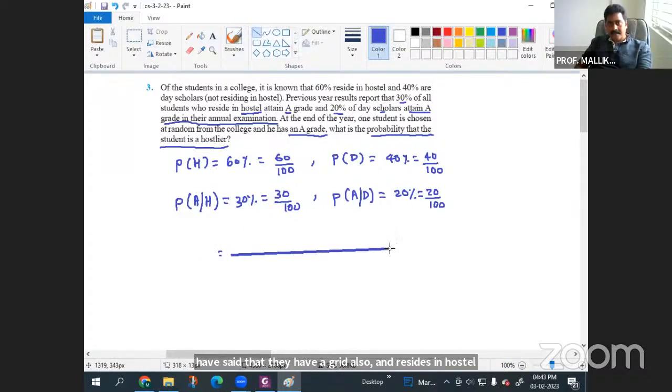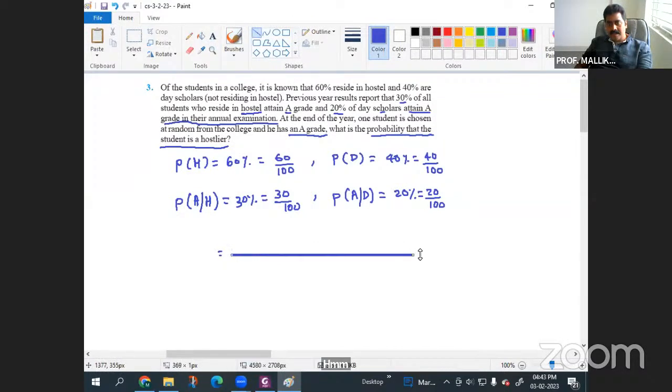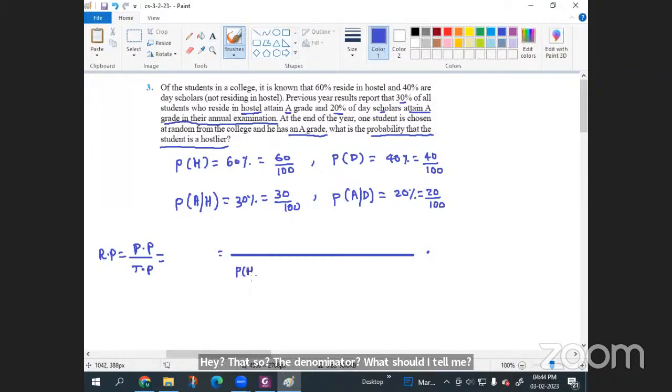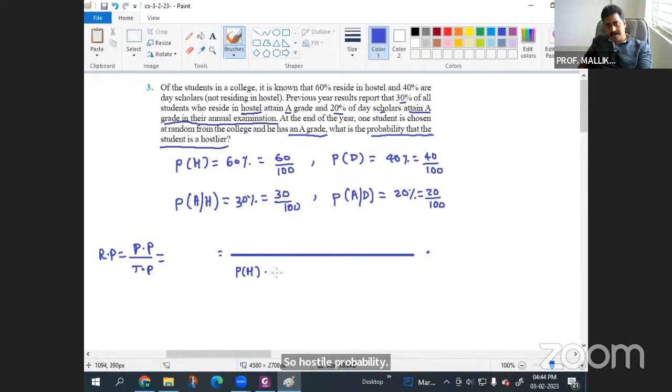Good. Now, the denominator, what should I write? What is the formula? Required probability equals particular probability by total probability.